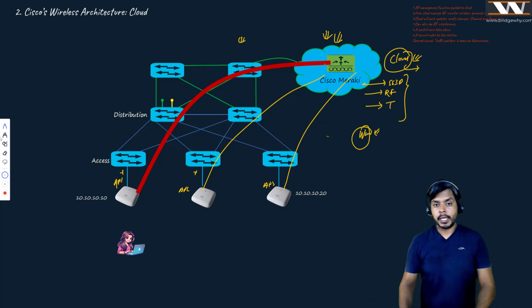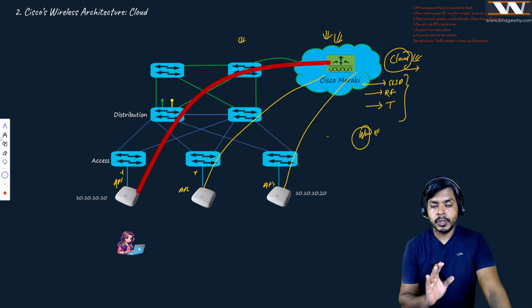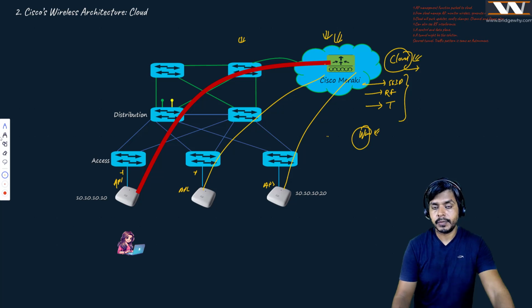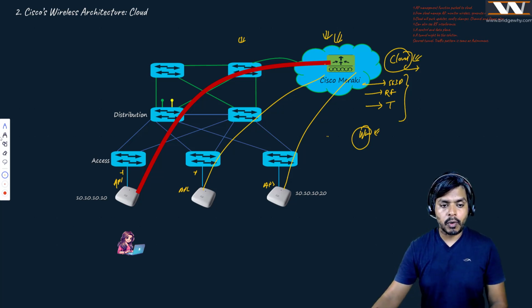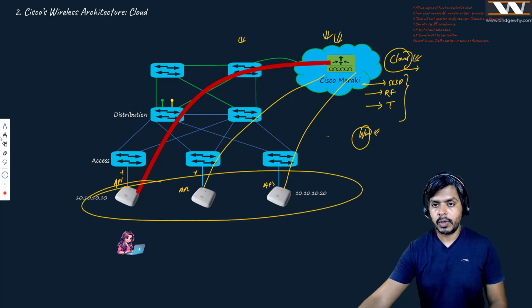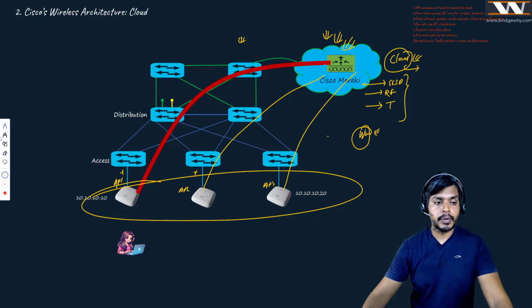Okay. But the important thing here is that there is no difference with respect to the traffic patterns which we talked about previously, right? It means that although all these APs can be managed and maintained from this WLC, the traffic flows are going to be the same.